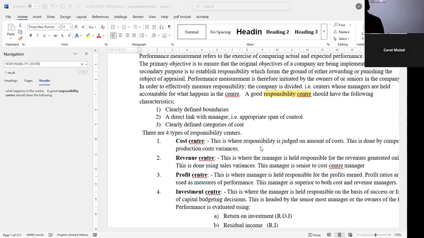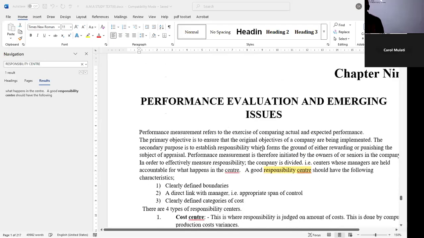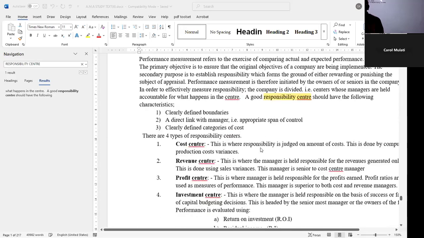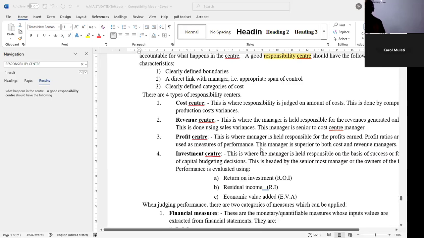This is chapter 9. The responsibility centers, we have 4 of them. One is the cost center. You can see the notes, eh?